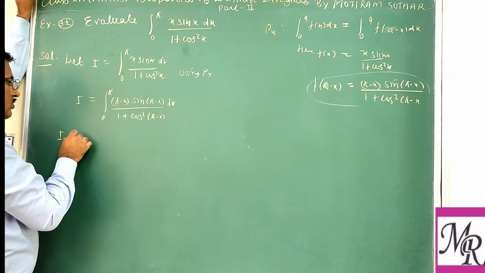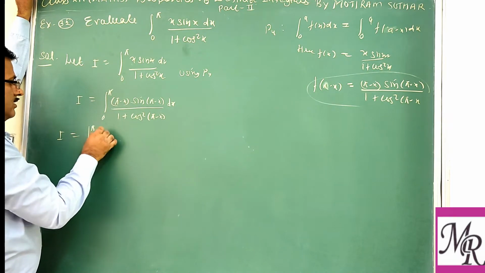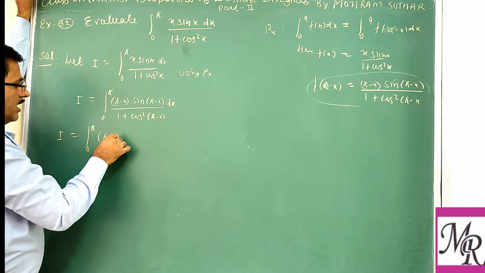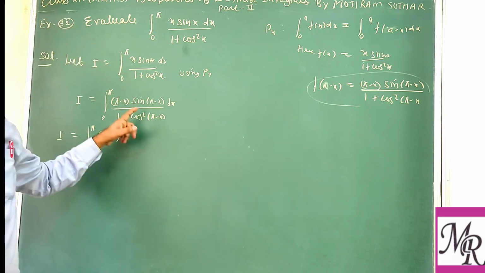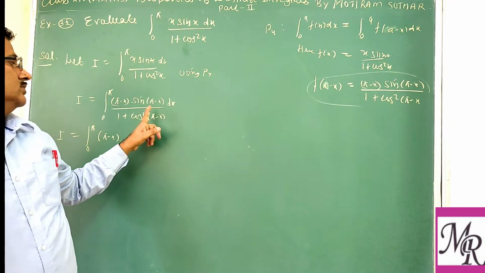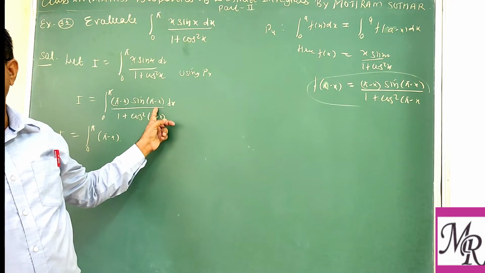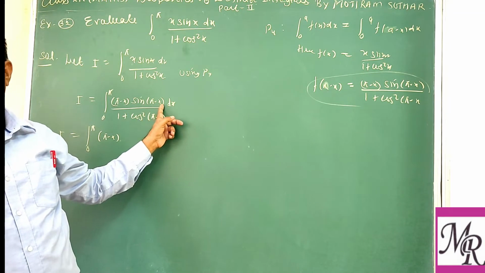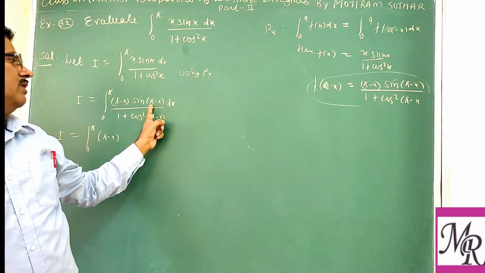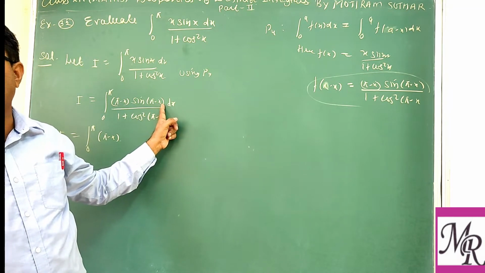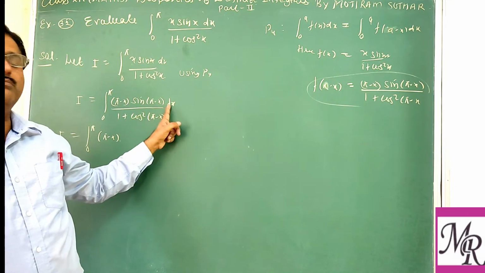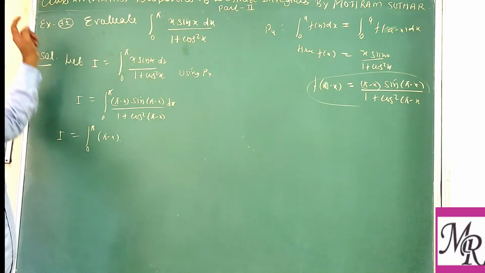So I equals the integral from 0 to pi of pi minus x. As you know, sin of pi minus x is sin x, since pi minus x lies in the second quadrant where sine is positive.